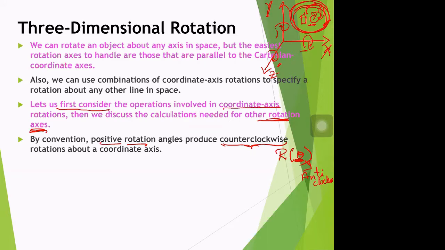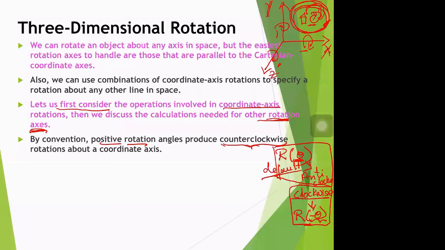If I want to rotate clockwise, then my angle will be negative, minus theta. When the angle is positive, it rotates anti-clockwise. So my default rotation is anti-clockwise, where theta is positive.